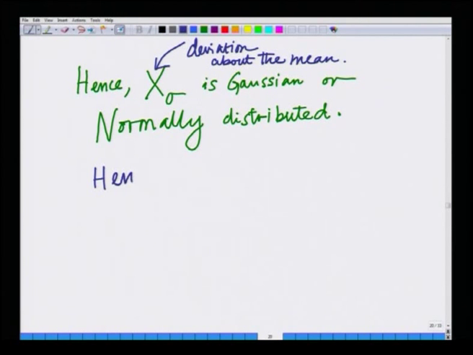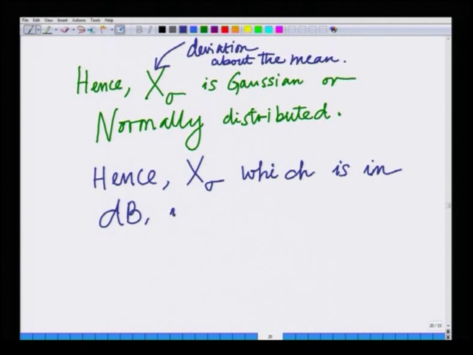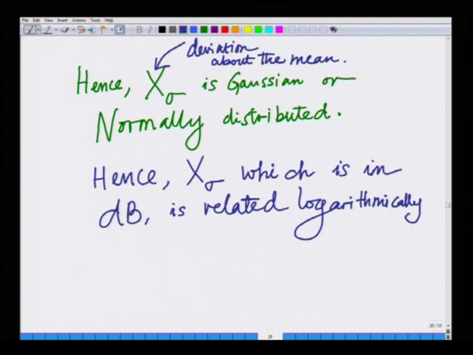Hence, x sigma, which is in dB, is related logarithmically to the received signal power. Hence, this is also termed as a log normal distribution.